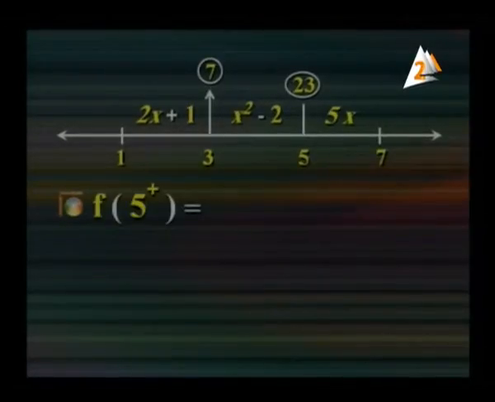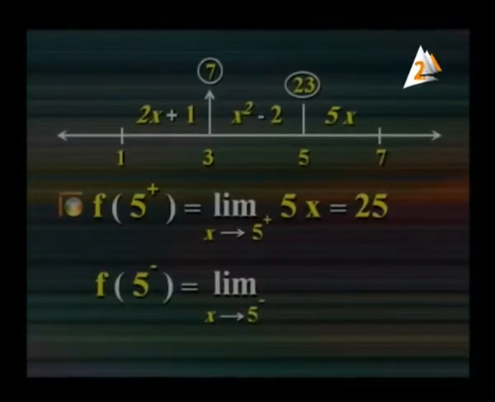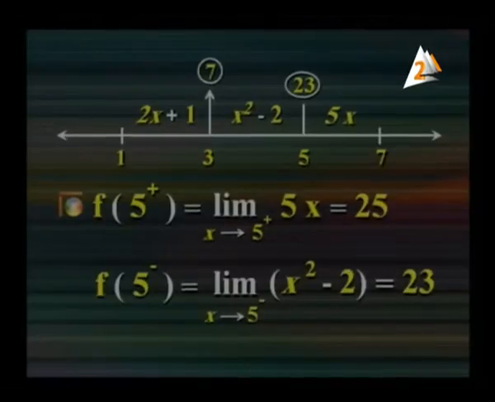When we find f of 5 positive, the limit when x tends to 5 positive, we substitute x equals 5: 5 times 5 equals 25. For f of 5 negative, we substitute in x power 2 minus 2, which equals 23.